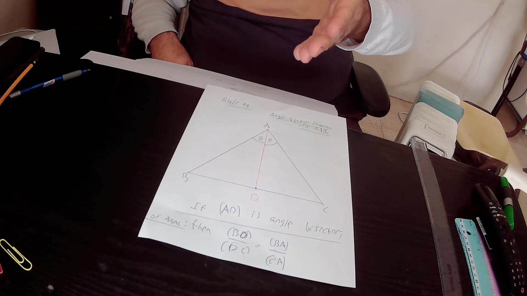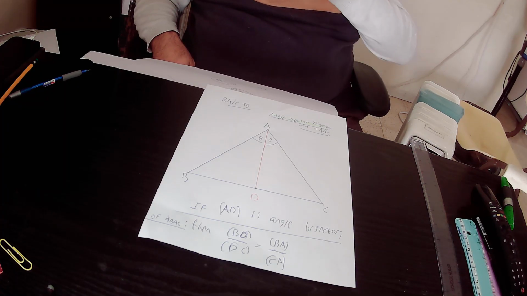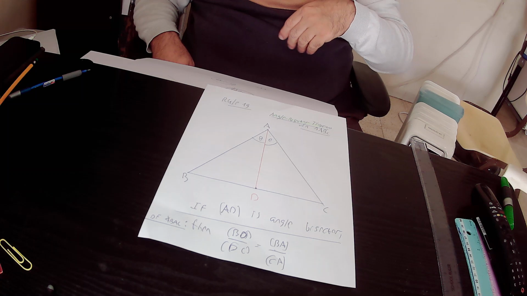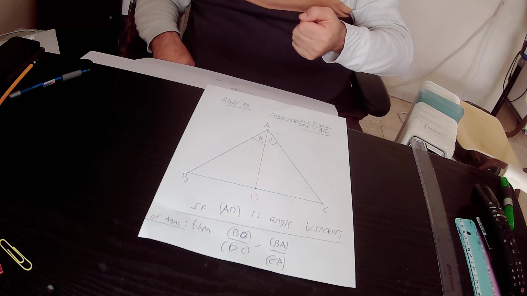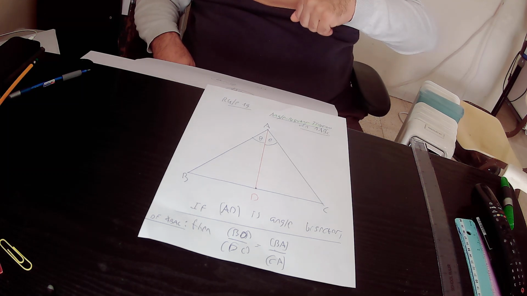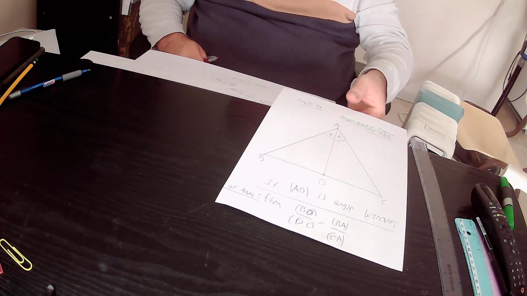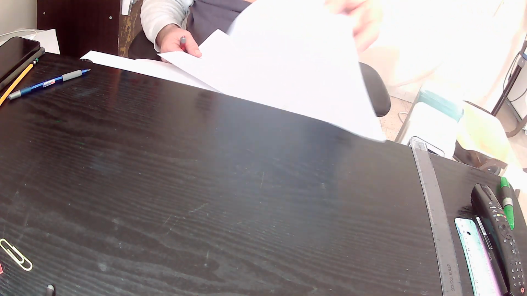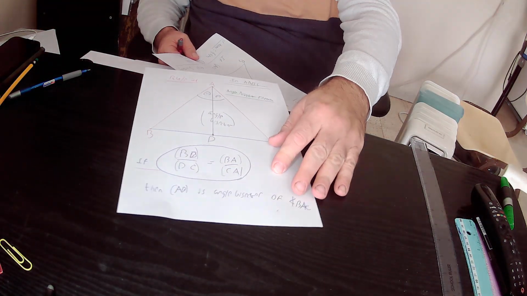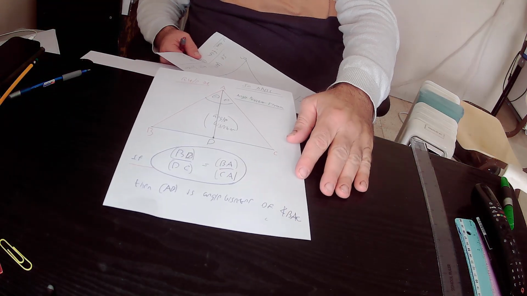Actually, this is the first direction of the angle bisector theorem. The angle bisector theorem has another direction. The other direction is actually Rule 21. Rule 21 is the converse rule of Rule 19.